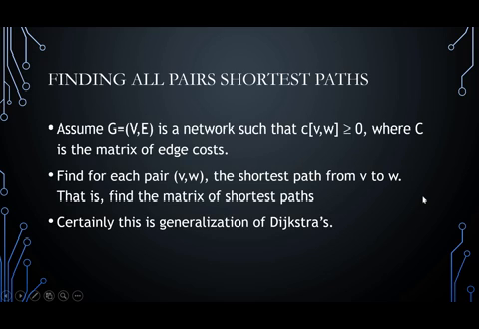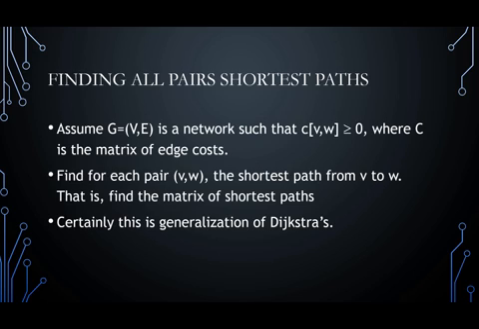So, finding all pairs shortest path. What do we mean by all pairs shortest path? In single source shortest path, one of the nodes was considered as a source node, and from that node to all other nodes we were finding the shortest distance.